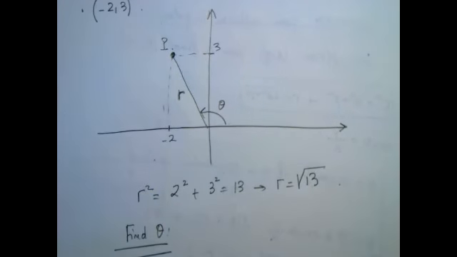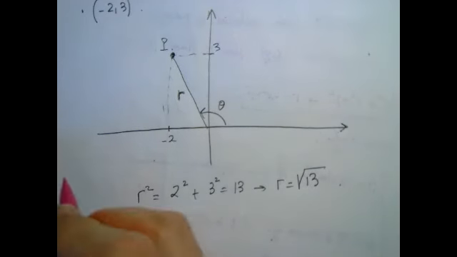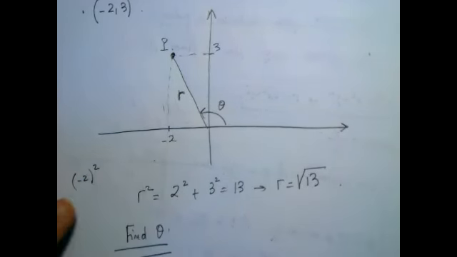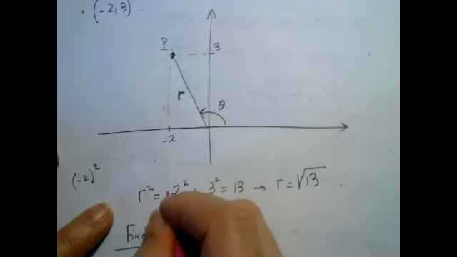Anybody has any idea? When I put -2 squared plus 3 squared in the calculator, I got 5. Because you did not put a parenthesis correctly. You see what I mean?